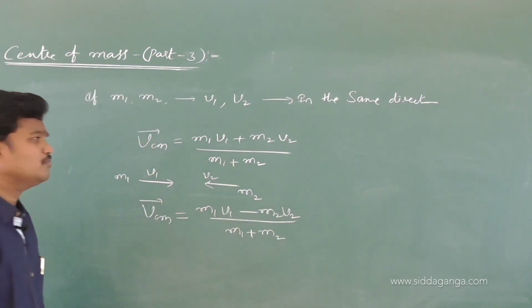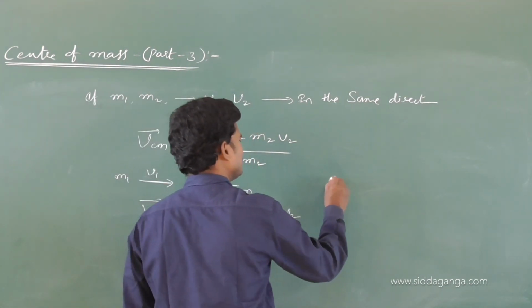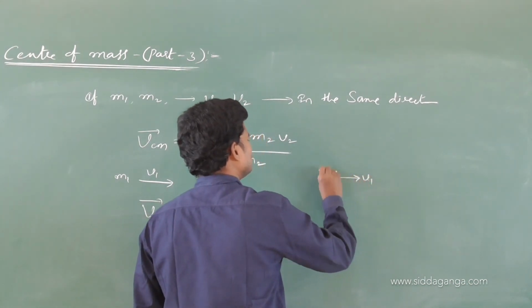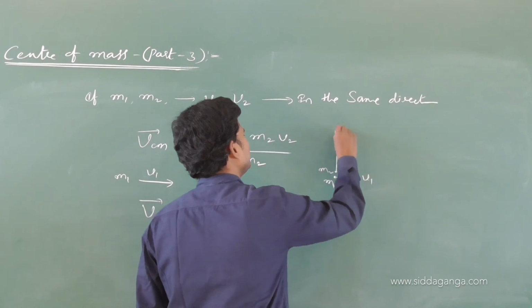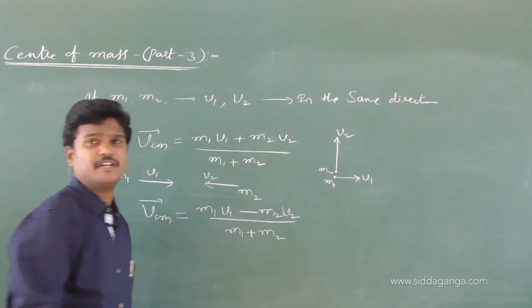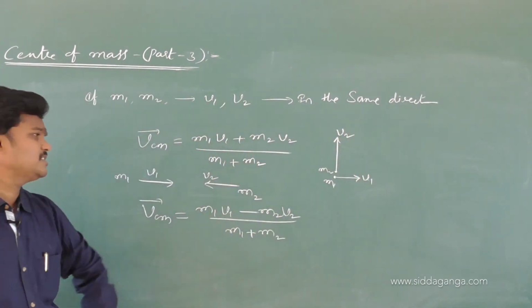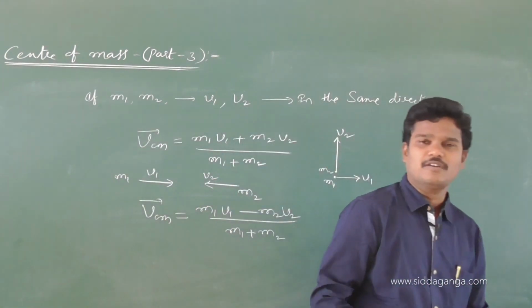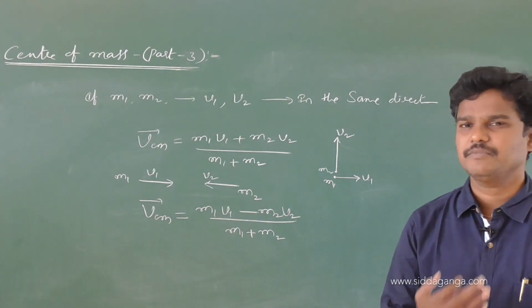If these two are moving perpendicular to each other, m1 with a speed v1 and m2 with a speed v2, the velocity of center of mass is different. If they are given in vector forms, you take vectors; after taking the magnitudes, you will get some numbers.